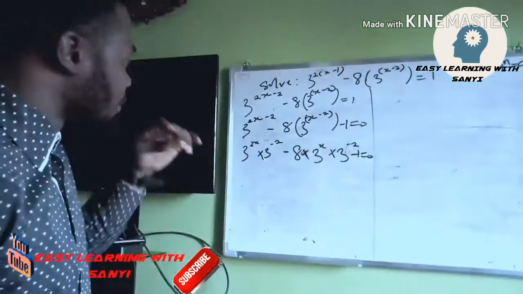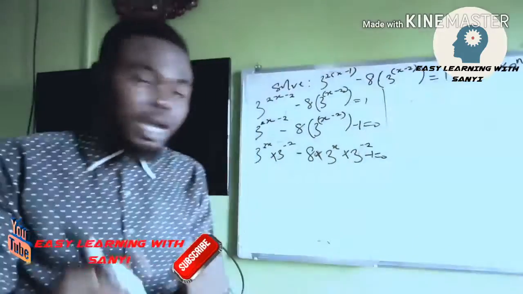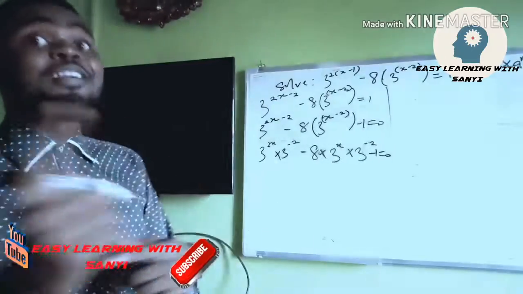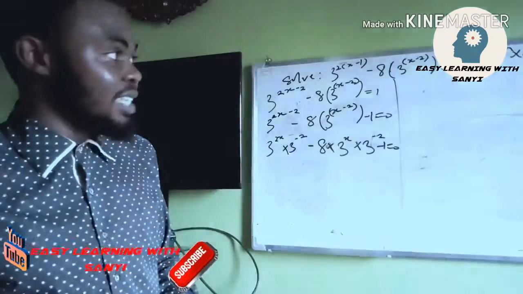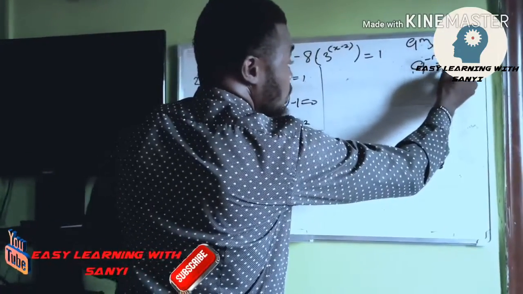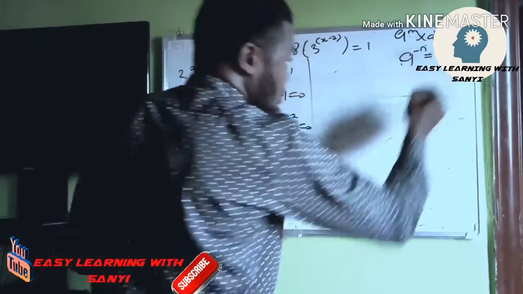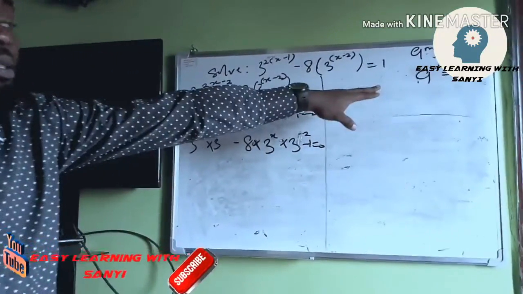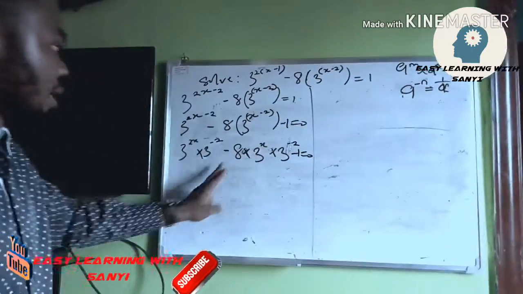Now I have applied this. Let's go further: I'm going to apply another law of indices, the 6th law. What does it say? The 6th law says that a raised to power minus n is equal to 1 over a to the n. That is the 6th law of indices. Now I apply this law here.